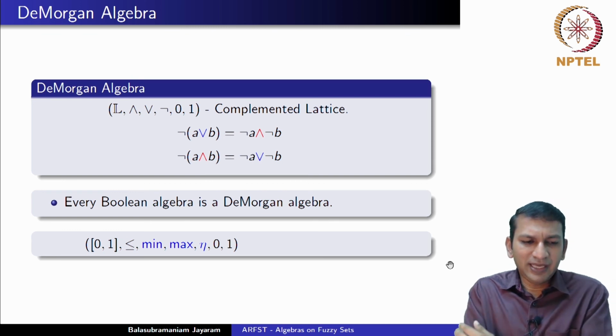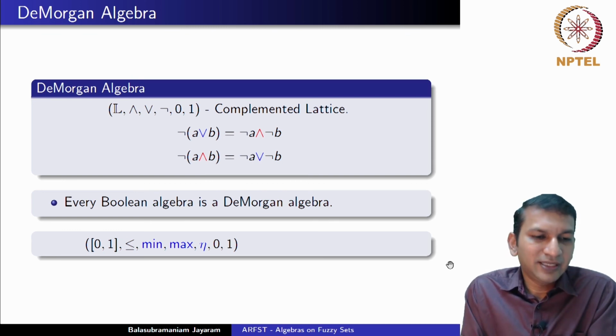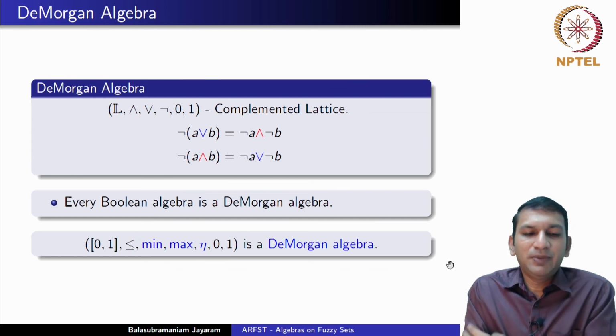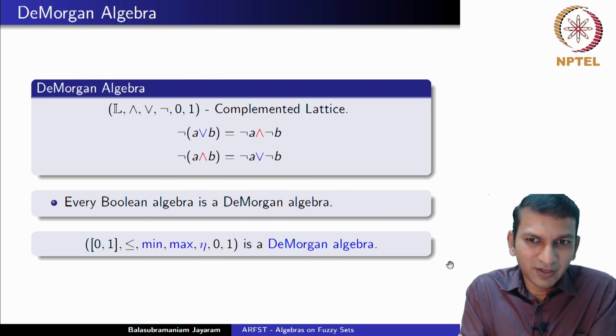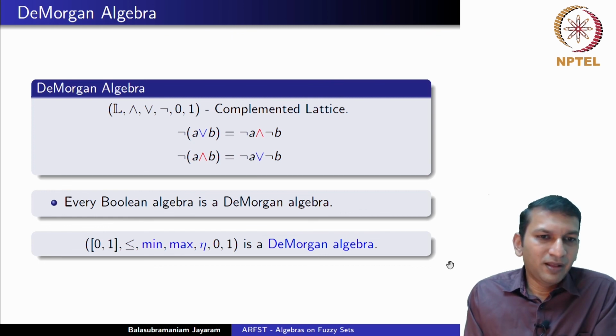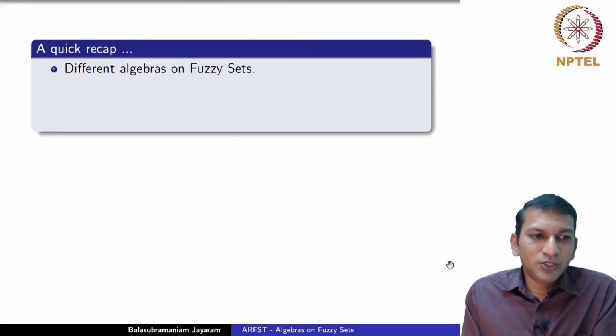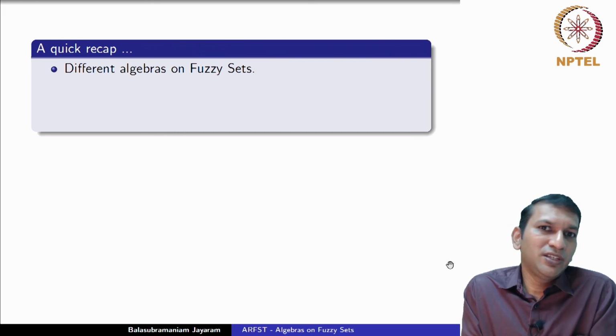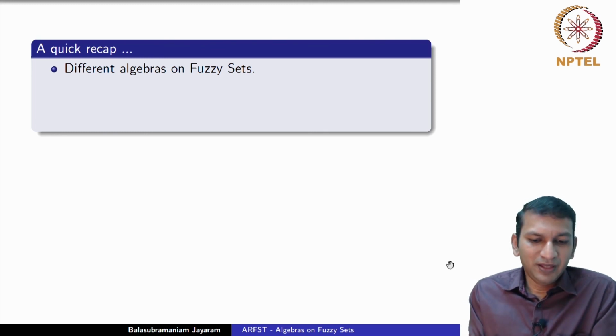It can be easily verified that yes, with eta, both min and max do satisfy these De Morgan laws, and hence it becomes a De Morgan algebra. So in this lecture, we have seen at least two different algebras on the set of fuzzy sets, a Stone algebra and a De Morgan algebra.